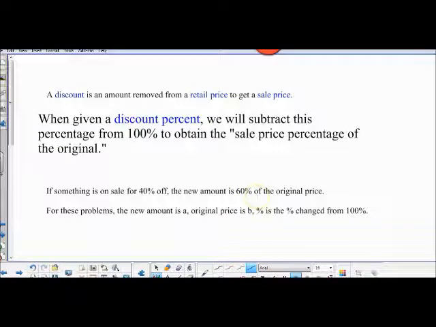It's not 40%. 40% has been taken away from the original percent, which would be 100. Right? The original percentage is 100%. So the new amount A, the original price is B, and the percent is changed from 100 or subtracted. So if something's on sale for 40% off, I really want to find 60% of that original price. And that would be the sale price, what I would have to pay.